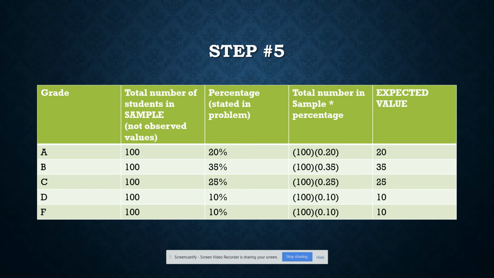So I have in the first column here the 100 students times the percentage, and each percentage except for D and F is different. So I do 100 times 0.20 to get 20. So that's my expected value for A. For B, it's 100 times 0.35, and that's my expected value for B. Same for C, D, and F.